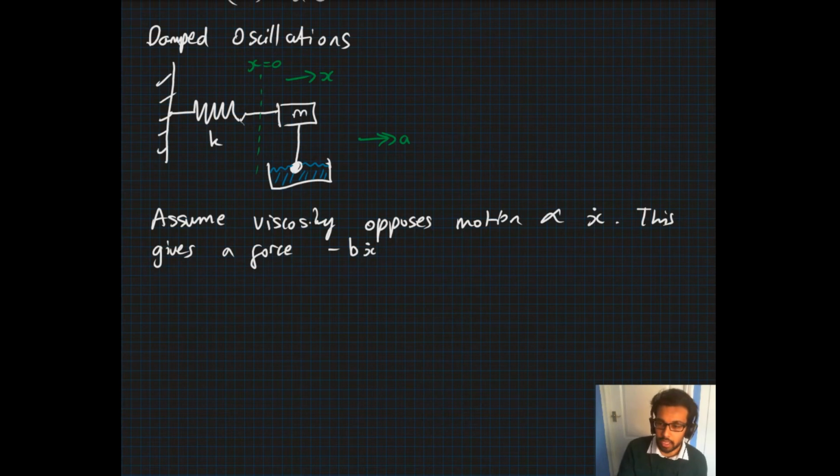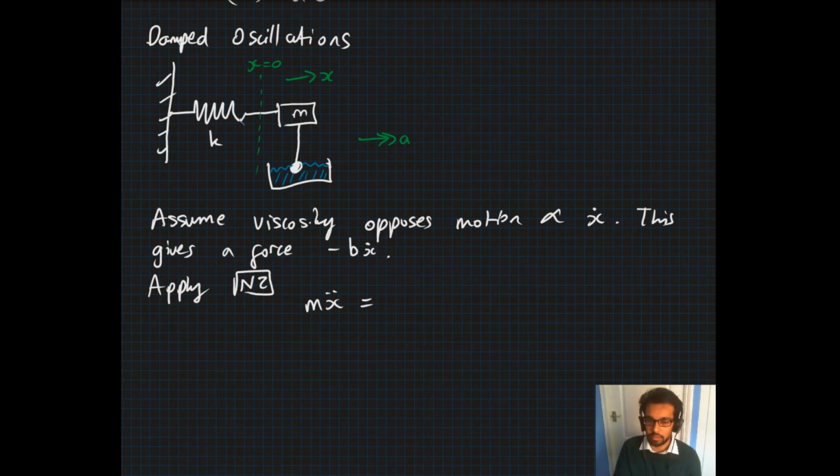And now if we apply Newton's second law again, we get that m x double dot equals, just writing a as x double dot, minus kx, so that's the restoring force from the spring as we had from before, minus, so a new force from the viscosity, minus b x dot.